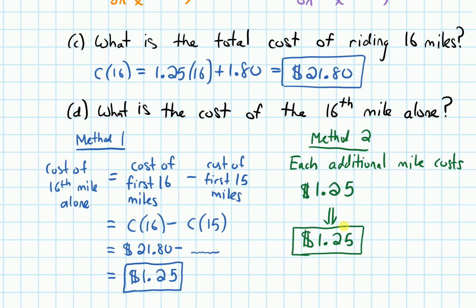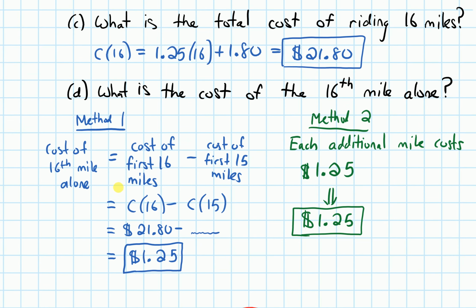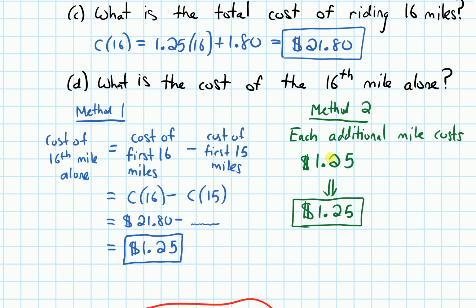So you might remember this as the marginal cost. That's what this question is asking. It's asking, well, what's the marginal cost of just the 16th mile? So because my function is a linear function, that marginal cost stays the same, no matter what mile we're talking about.